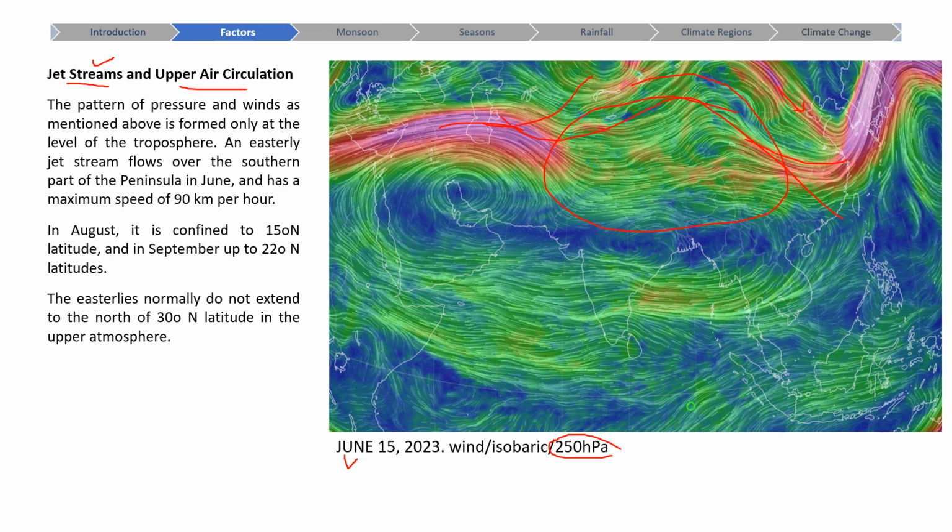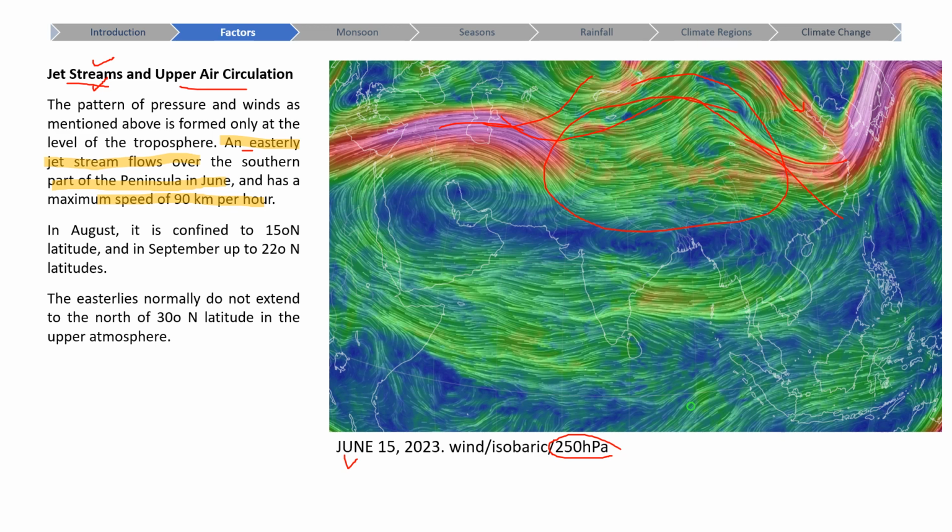So first, the jet streams are disrupted here, and the second is the easterly jet streams. Easterly jet streams start flowing over the southern part of the peninsula in June and have a maximum speed of 90 km per hour here.